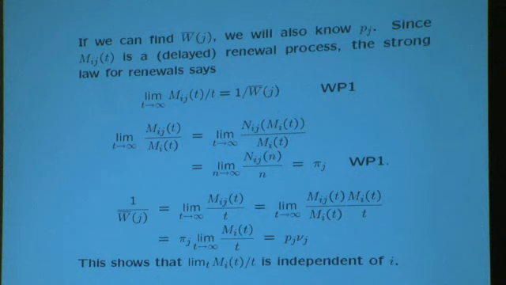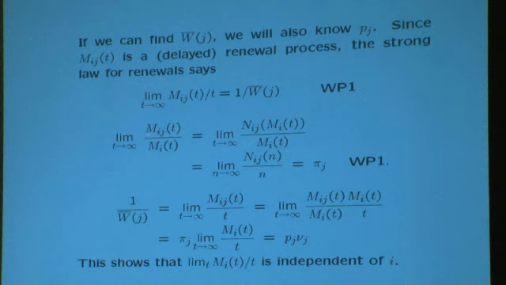So we take the limit as t goes to infinity of m sub ij of t over m sub i of t. This is the number of transitions overall up to time t, starting in state i. This is the number of those transitions which go into state j.